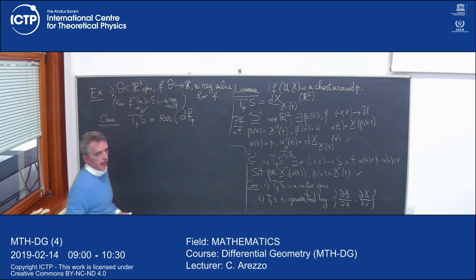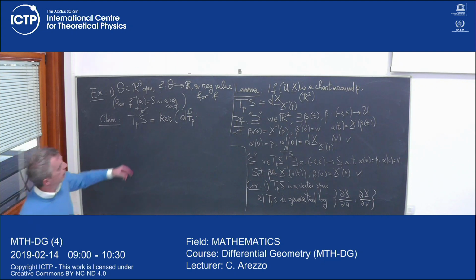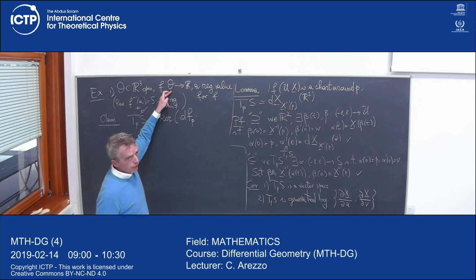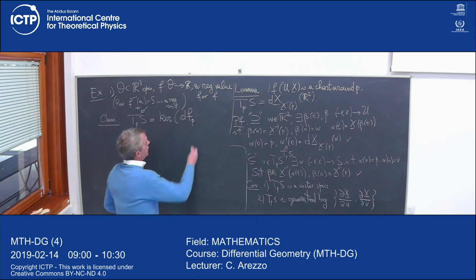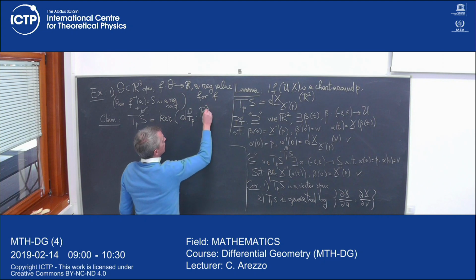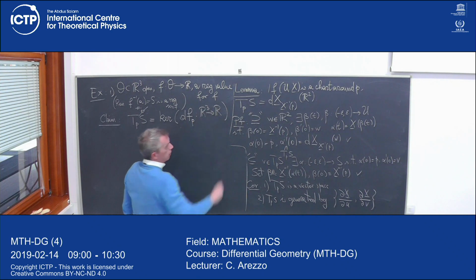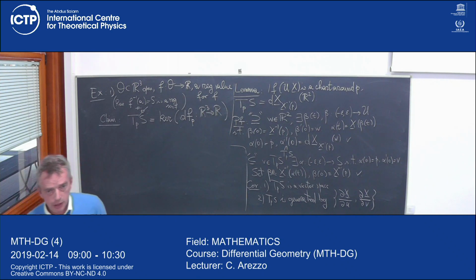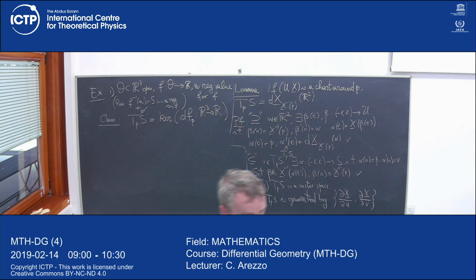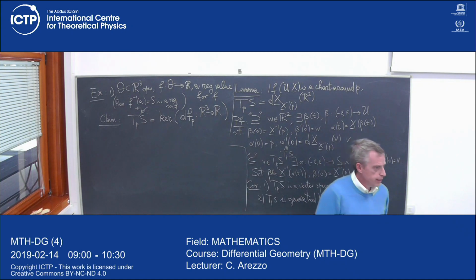The differential of the map goes from R3 to R, and it's assumed to be non-zero because a is a regular value. So how big is the kernel? 3 minus 1. So at least it has the right dimension.